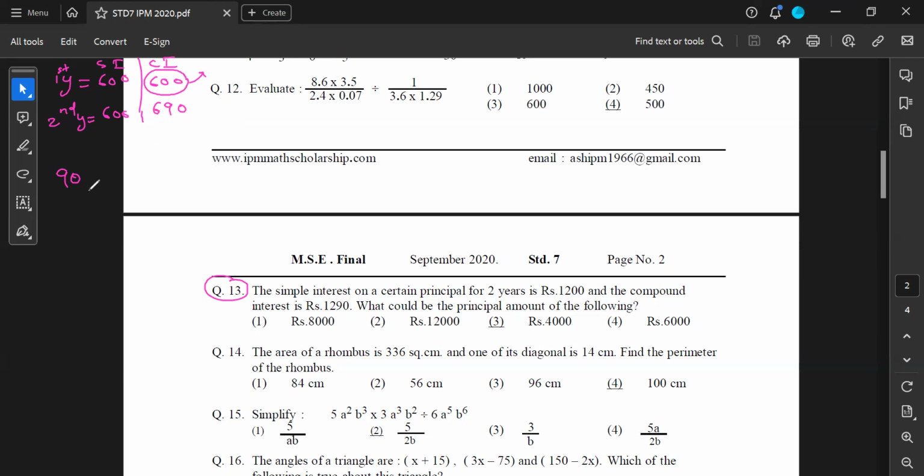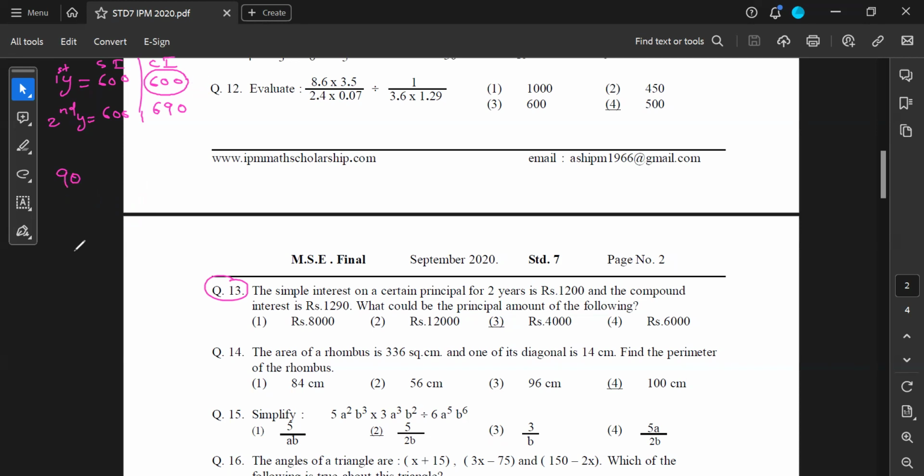Now, if you wish to find the rate of interest, it can be found using this formula. Simple interest is equal to PRT upon 100. In this case, maybe don't use this formula.